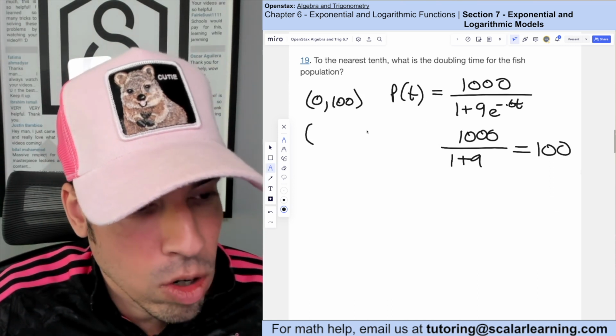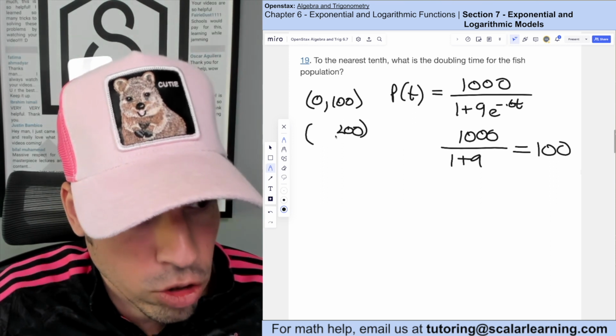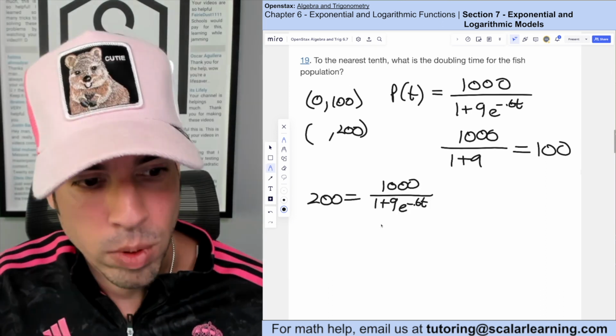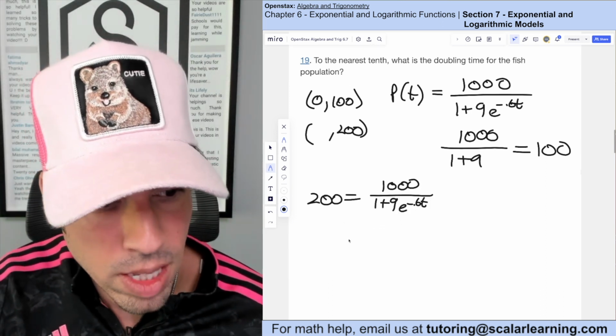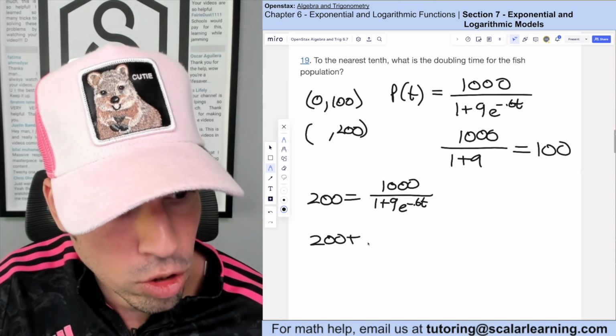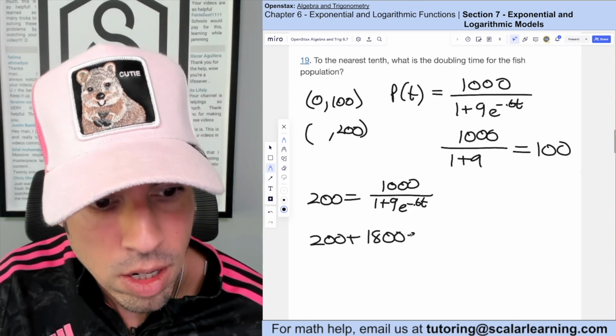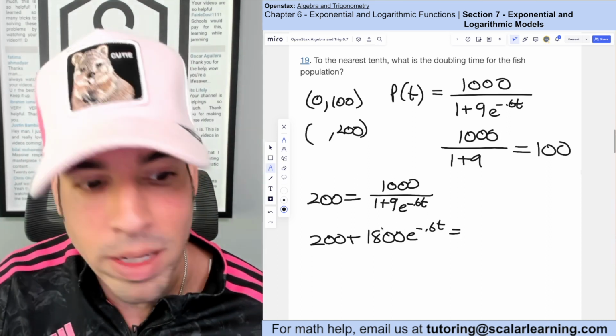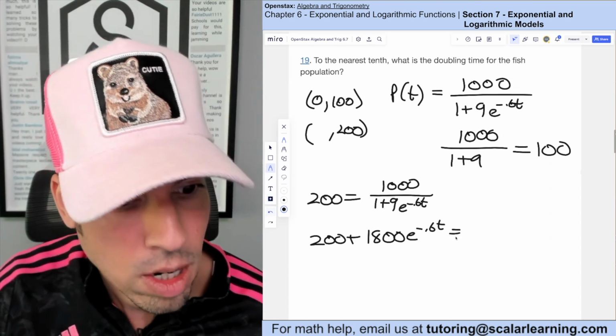Then I want to know how long it's going to take to get to 200. So now we're going to plug in 200 for p, and we're going to solve for t. We start by multiplying both sides times that denominator. So 200 times that denominator is 200, plus 200 times 9 is 1,800, e to the negative 0.6t, and this equals 1,000, because when I multiply the right side by the denominator, it just cancels that denominator out.